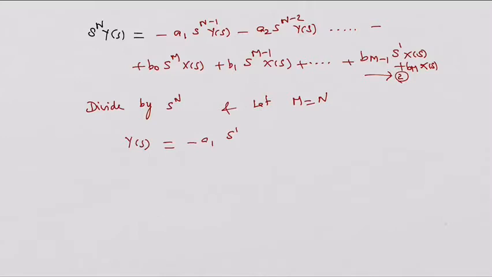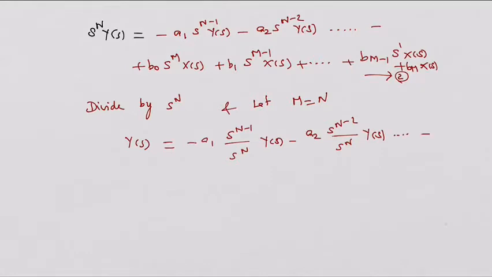Do you want me to write it again? Yes, it is s power n minus 1 divided by s power n, dividing by s power n on both the sides. Y of s minus a2 s power n minus 2 divided by s power n, Y of s, like this.